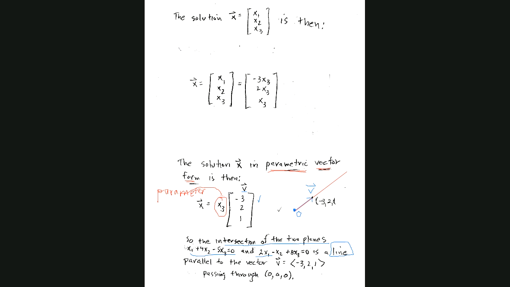It's just to give you a geometric feel. That's -3, 2, 1. Now, what would the value of our parameter x3 be at that point? That's right, Wastina. x3 would equal 1, because 1 times -3, 2, 1 is -3, 2, 1.